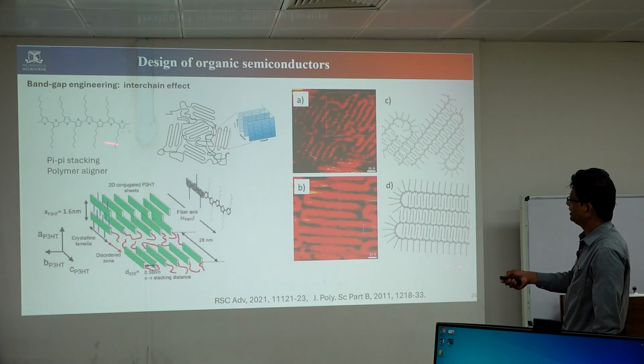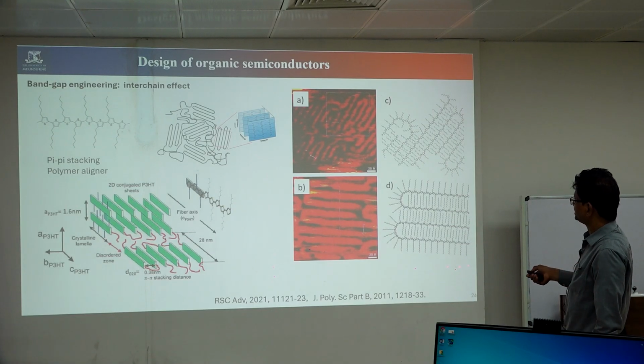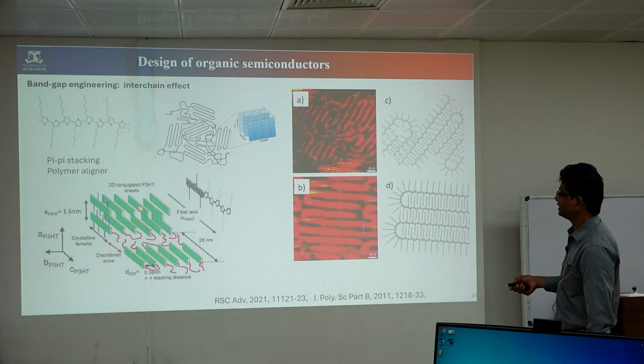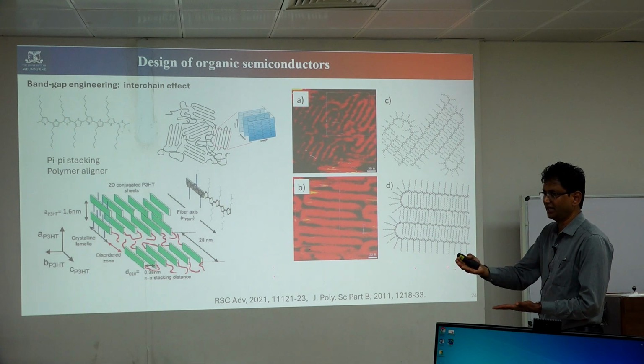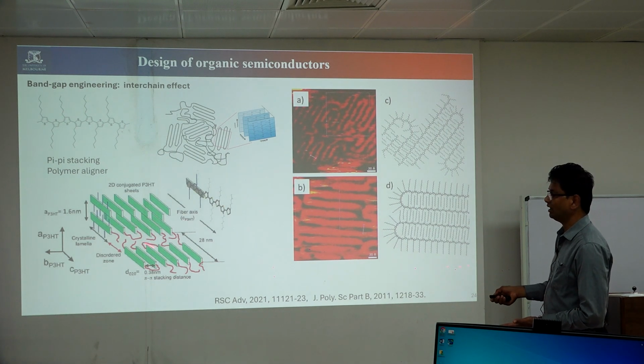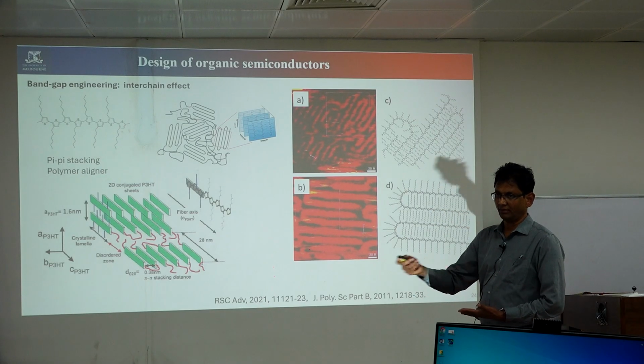Then a very regular arrangement forms. This is an STM picture of how this arrangement happens, and this is some of the structural arrangement of this type of material. When you make a film, how the material arranges on the film surface will also affect the band gap of the material.